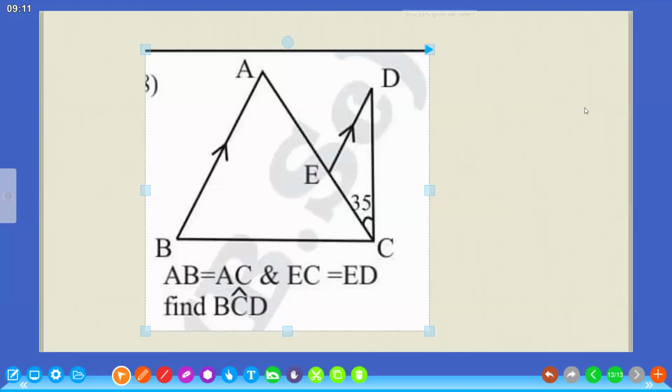Right, okay, students. Right, this one, AB equals AE. So these two sides are equal. Then, students, EC equals ED. This side is equal. If this is 35, this one is 35.